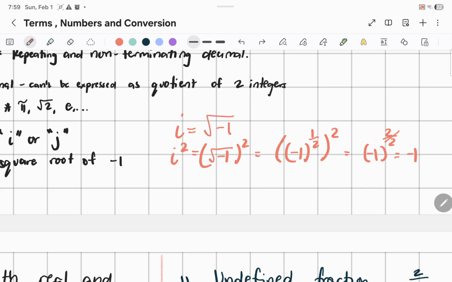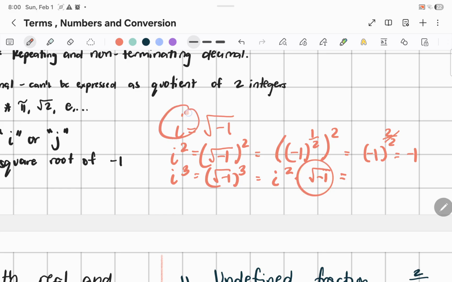Now, if we're going to put i cubed, then that will just be equivalent to the square root of negative 1 raised to 3, or that's just simply i squared multiplied by another square root of negative 1. But we should remember that the square root of negative 1 is equivalent to i, right?